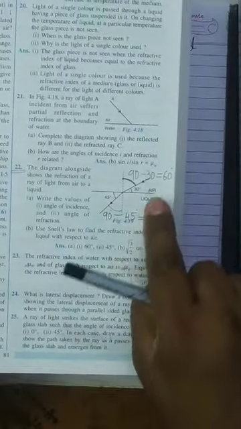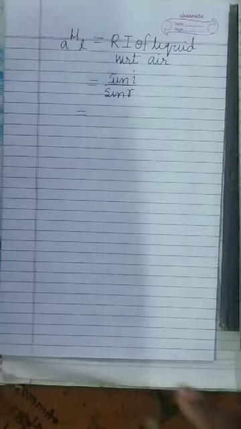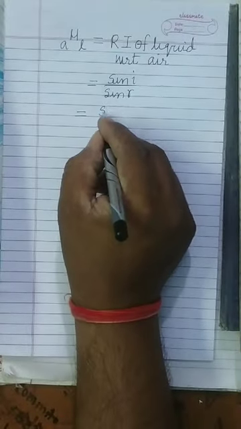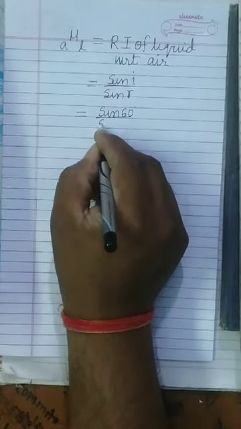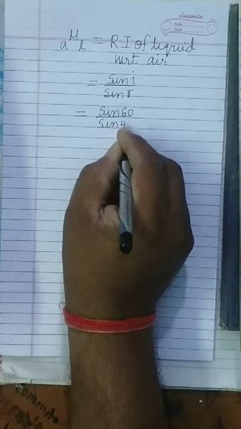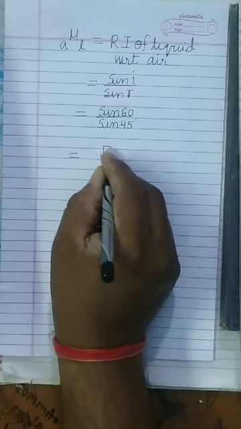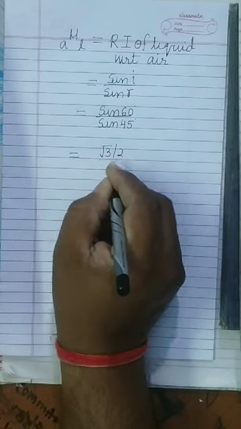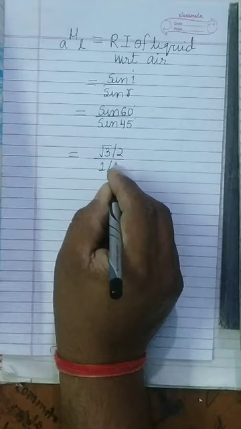Angle of incidence is 60 degrees, angle of refraction is 45 degrees. So it is sine 60 degrees upon sine 45 degrees. Sine 60 degrees is root 3 upon 2. Sine 45 degrees is 1 upon root 2.